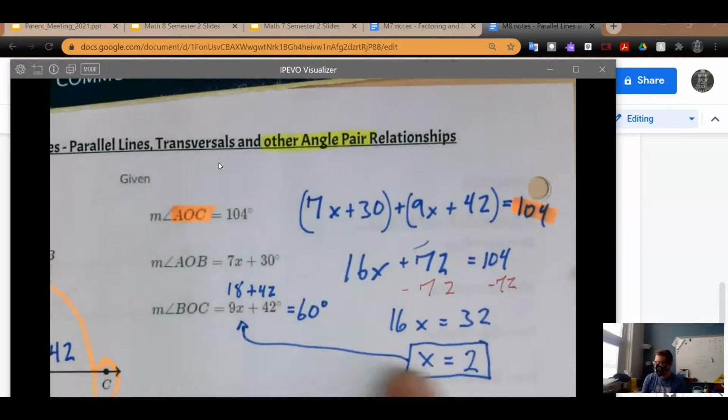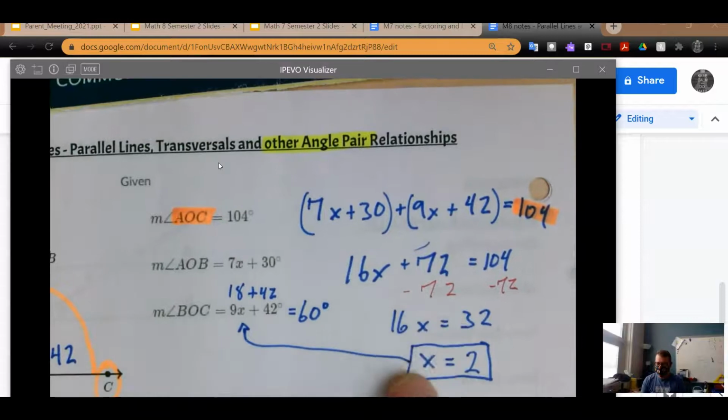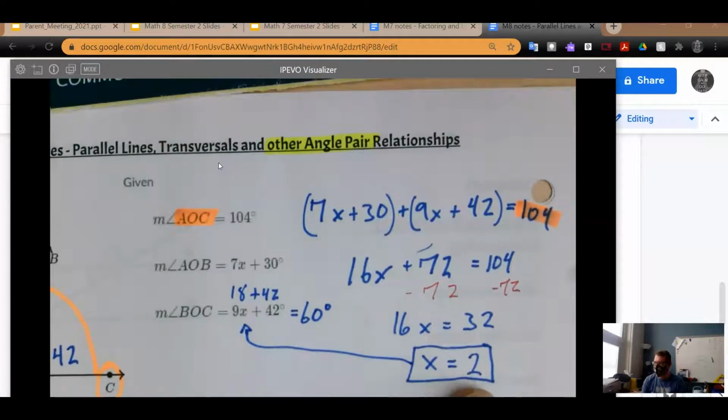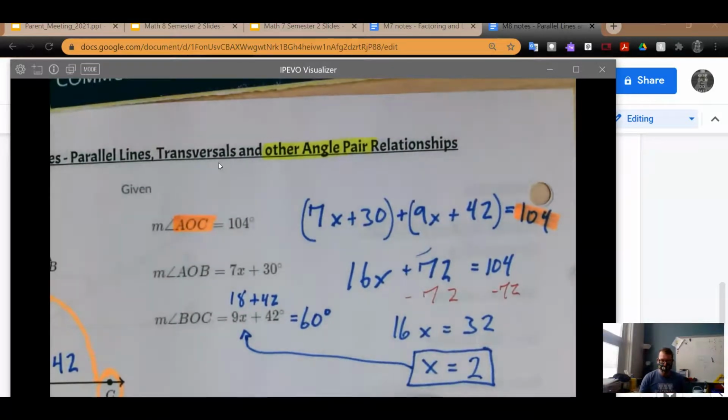So when we do the algebra over here, combine like terms, get rid of your constants to isolate the variable, divide. We're not done. I promise you, at some point, you're going to get excited and accidentally get the value for x and go reach up, type it in your computer, and in the split second it takes your finger to hit the enter key, you're going to try to leave your body and stop yourself because you're going to be like, wait, that's not the size of the angle.